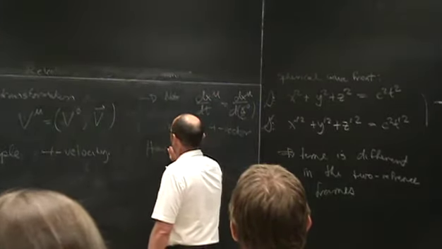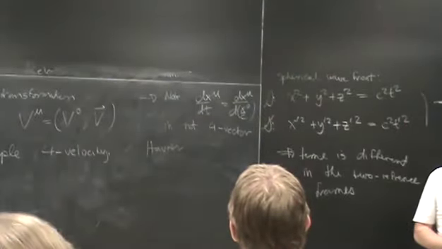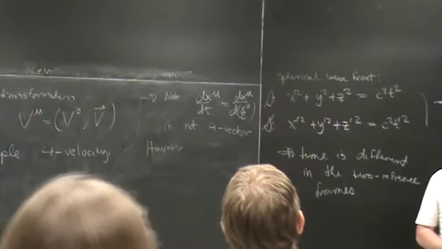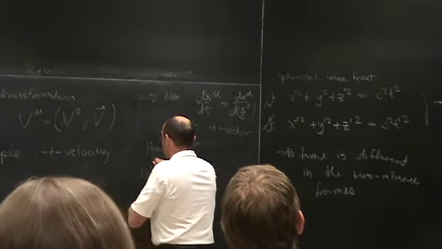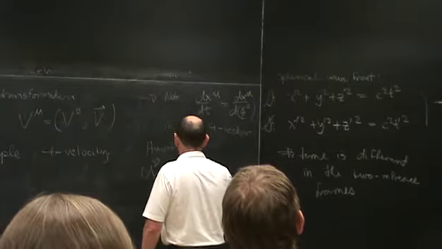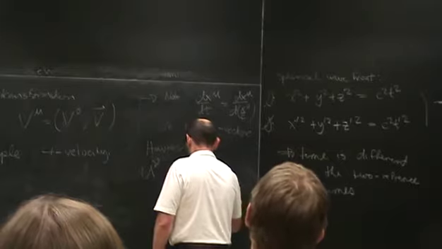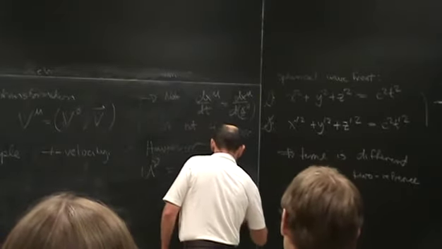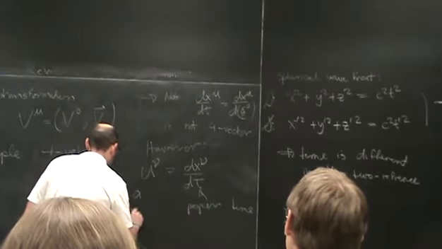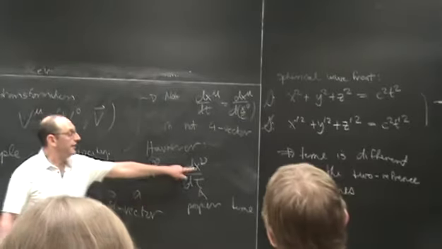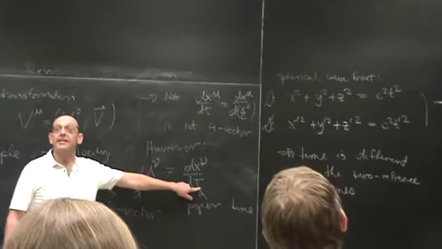However, the proper time is a scalar, is invariant under a Lorentz transformation. So however, if I define u nu is equal to dx nu with respect to the proper time, then that is a four vector. Because this x transforms as a four vector, and this does nothing. It's invariant.